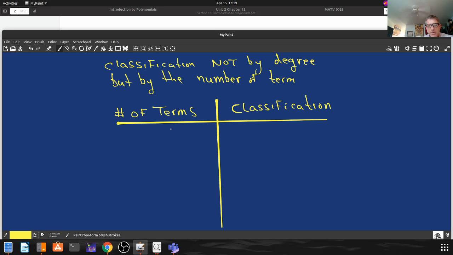So the number of terms, you have to have at least one term to have a polynomial, and that's called a monomial. Mono means one, and I took classical Greek, and I'm not sure about that root. It could be a mixture of Greek and Latin. It could be all Latin. If you have 2 terms, then it's a binomial.